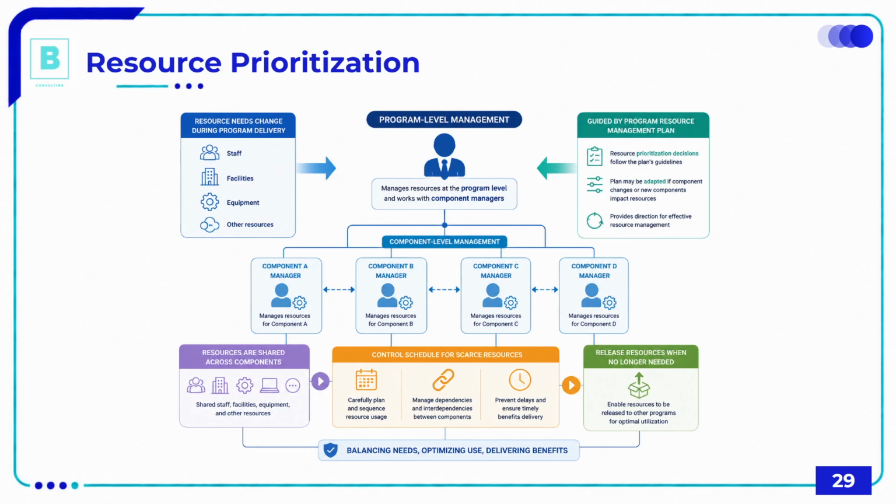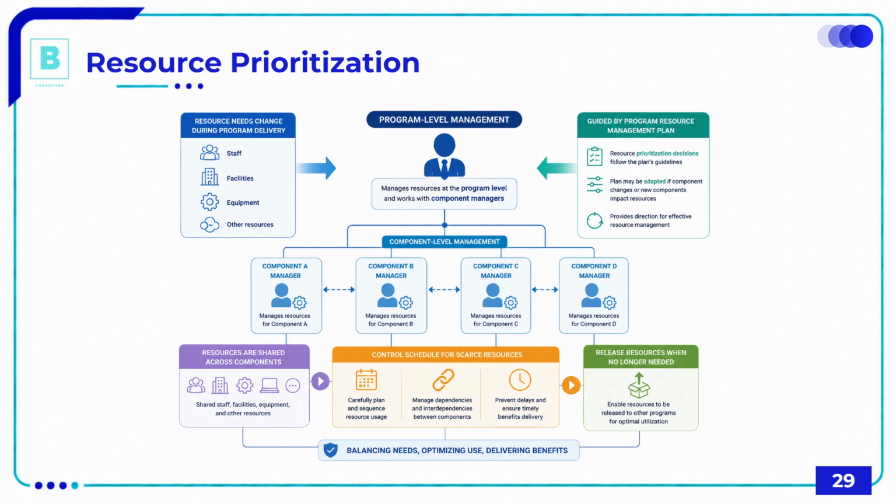We discussed in program management that the resource needs change during the program delivery, whether it's related to staff, facilities, equipment, or any other type of resources. So there should be a program resource management plan to prioritize decisions, follow the guidelines, and adapt if there are any changes.